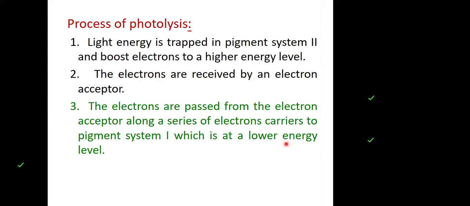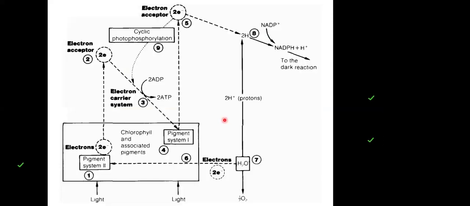So we see that the third thing is that the electrons are passed from the electron acceptor to a series of electron carriers, and then to pigment system 1, or what we call photosystem 1, which now at this point is at a lower energy level. If you can just look at this.